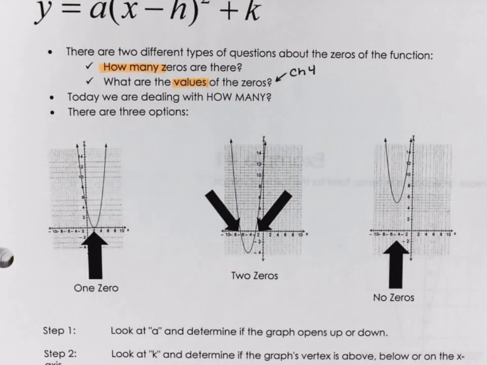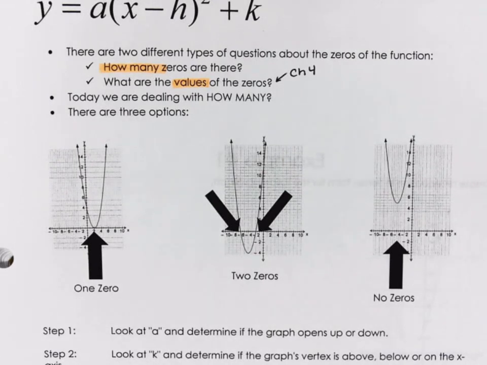Okay. So first thing you're going to do is find where your vertex is from the equation. You're going to figure out if your graph opens up or down. And then you're going to close your eyes and imagine the graph.